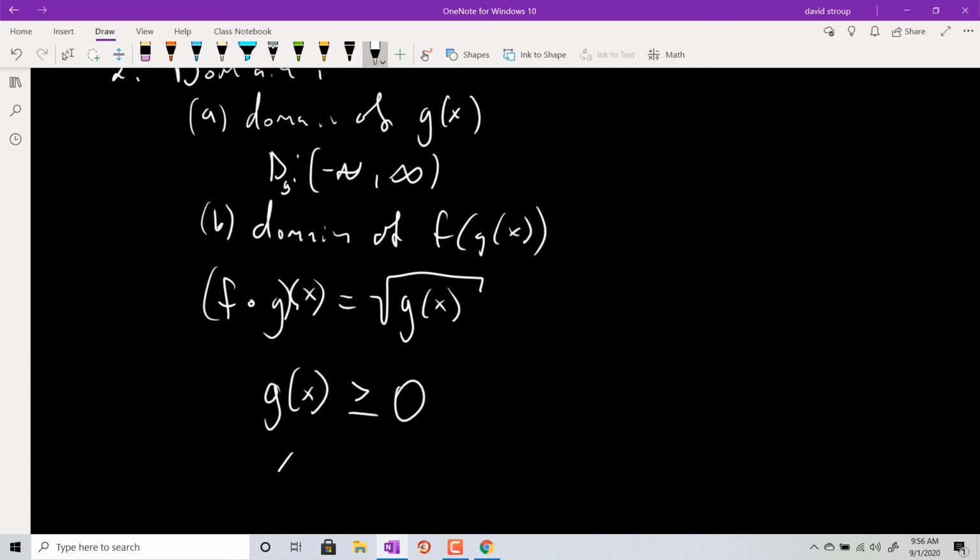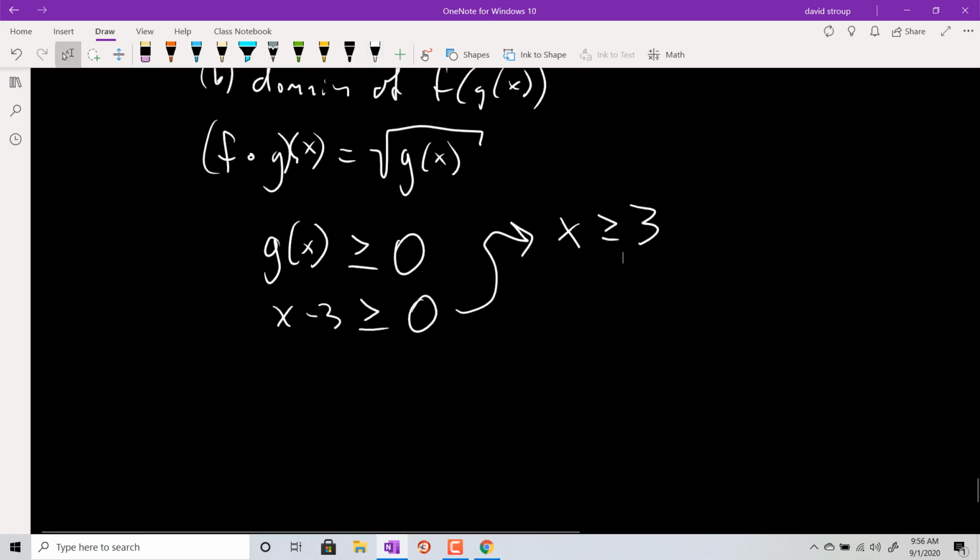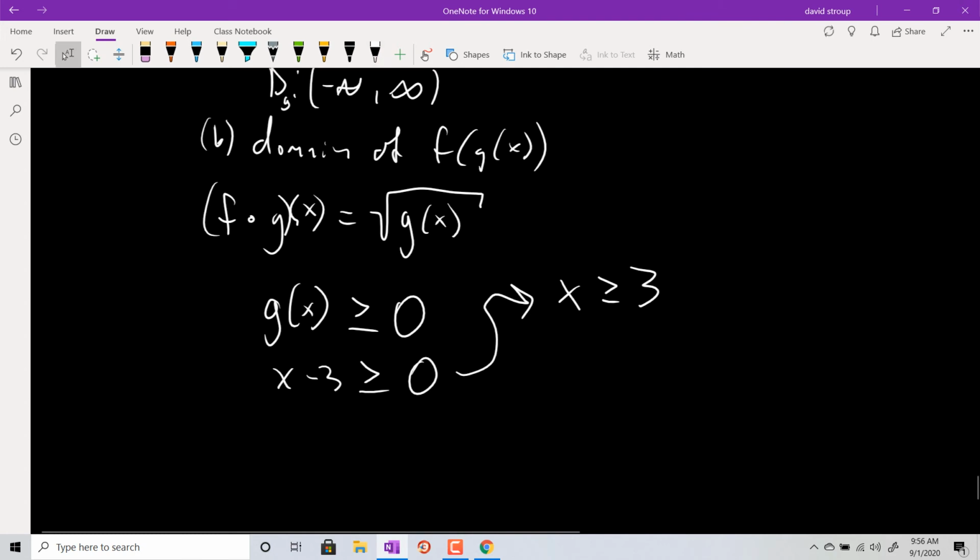G of x is just this x minus 3. I need to make sure x minus 3 is greater than or equal to 0. In other words, I need to make sure that x is greater than or equal to 3. So those two parts put together tell us that the domain of the composition is just x greater than or equal to 3. So the domain of f of g is going to be square bracket 3 to infinity.